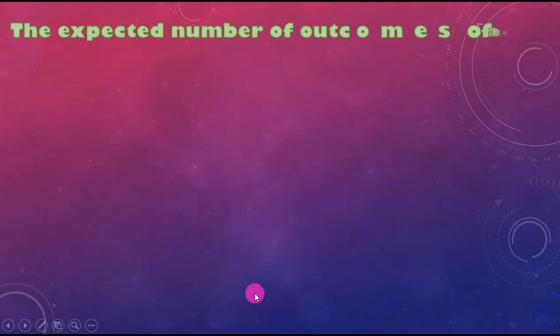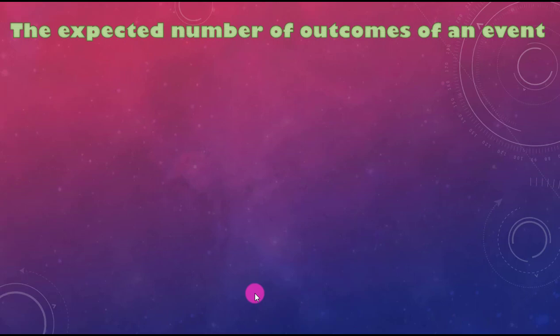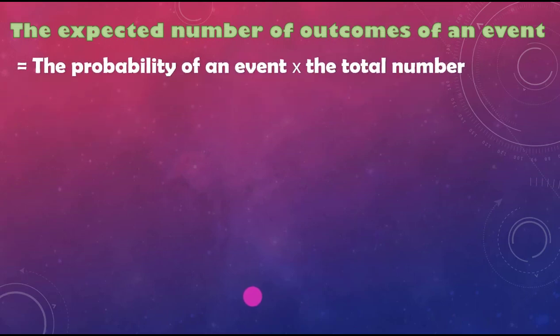Now complete also the remarks. The expected number of outcomes of an event equals the probability times the total number. Now this rule is very important, and I'm going to give you an example to explain it.